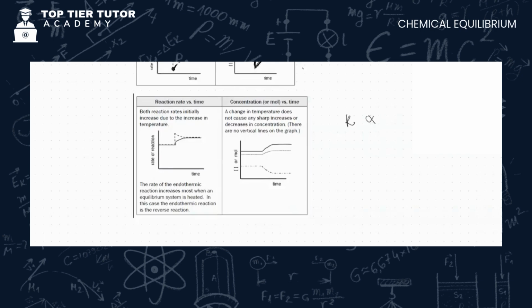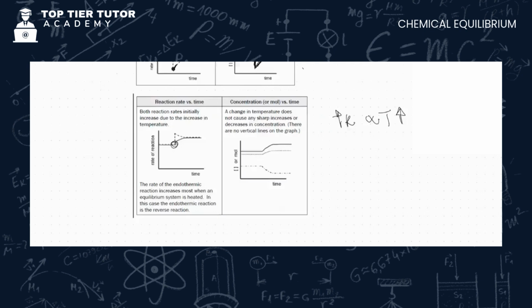An increase in the temperature will increase the rate of reaction. Thus, you'll see here in the beginning, both your reverse and your forward reaction are going to be increased, because temperature increases the rate of reaction regardless of whether it is exothermic or endothermic. But the extent to which it increases that rate of reaction is dependent on whether it is endothermic or exothermic.